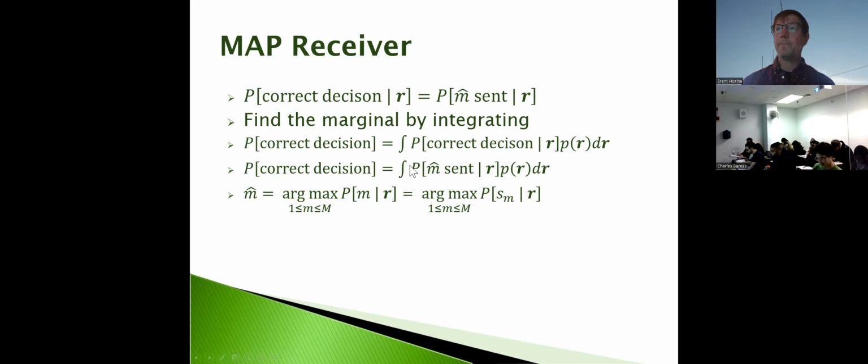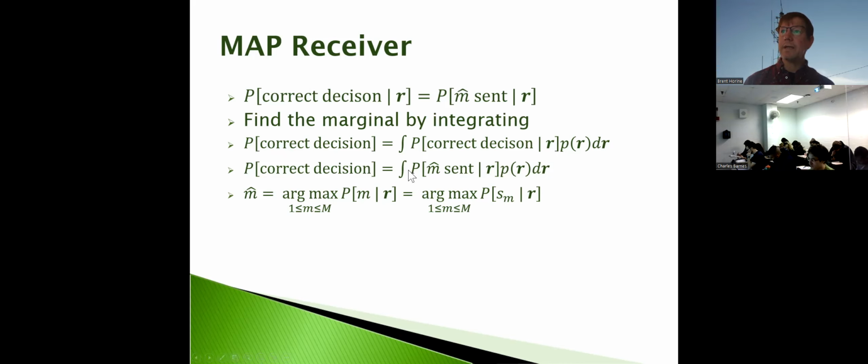So this integral, remember, is a summation. Now we're just summing all of these positive numbers. So we can ignore this P of R there.